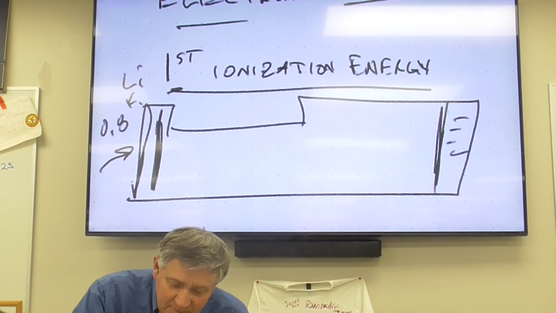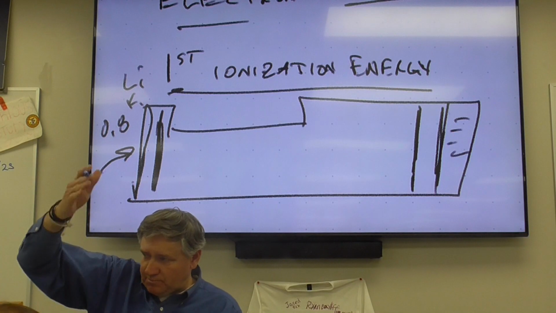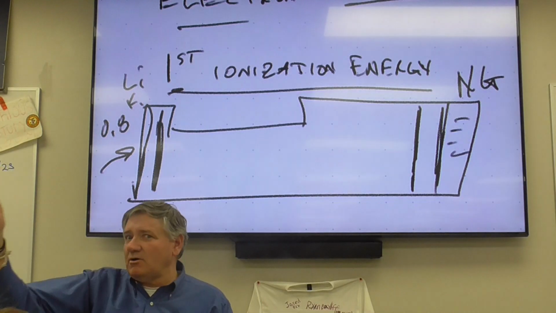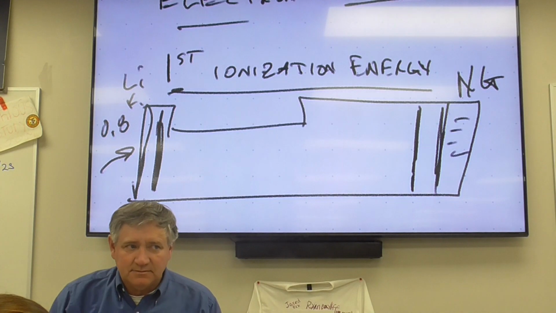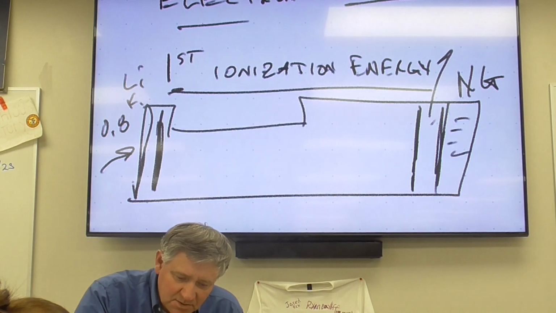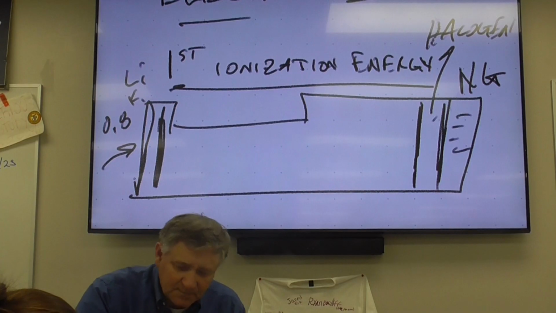So if you look over here on that last group, not the noble gases, okay? So there's the noble gases. So what's the column just to the left of the noble gases? Halogens, right? So Bethany is like the halogens, okay?